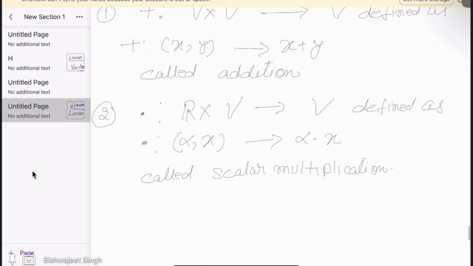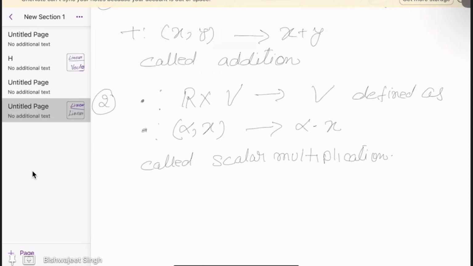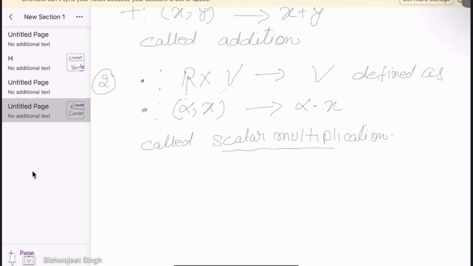The other operation is scalar multiplication, and it will take one element alpha from R and x from V, and map it to alpha dot x, with the following properties.